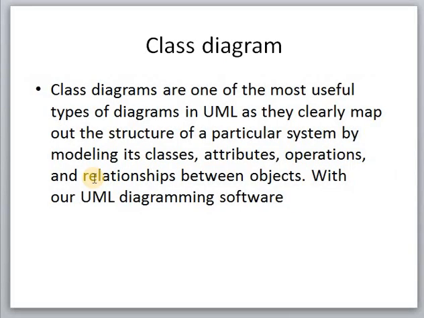So basically, it is the most important and useful diagram, which is used to map the structure of a system by modeling its three major components: the classes, the attributes, and the operations, and also the relationships between objects.